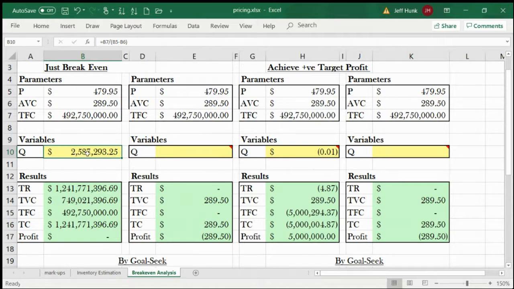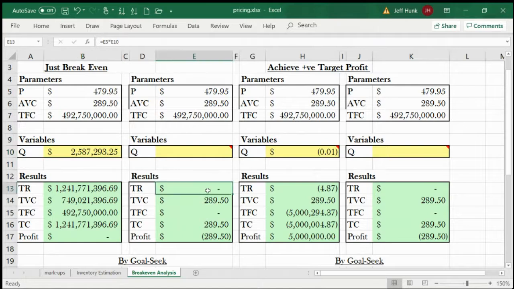You must produce and sell more than 2,587,294 units, and above that output level, then you will make profit.